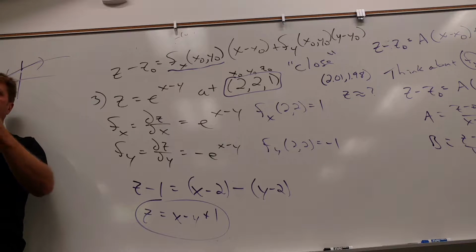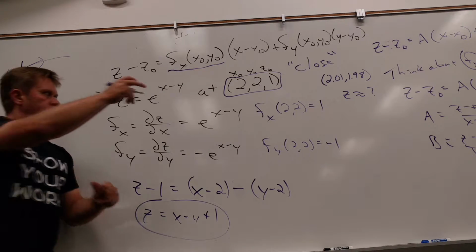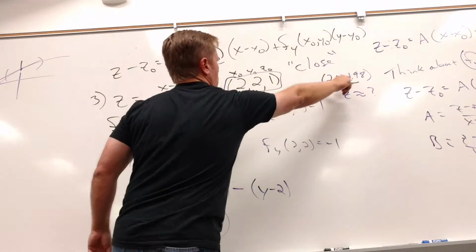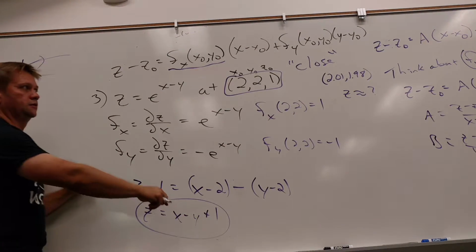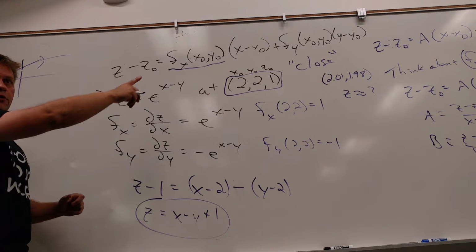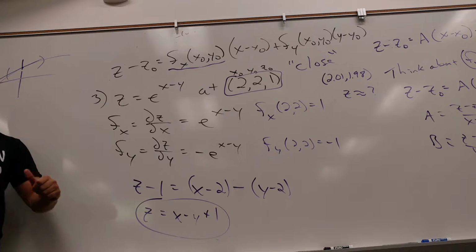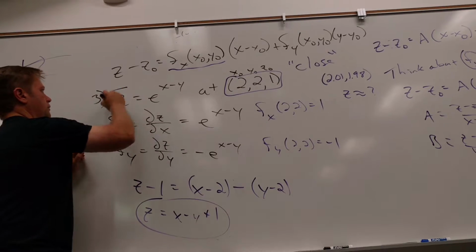That's a quick check. You should do it. So now let's do this. What do you get when you plug in 2.01 and 1.98 here? What's 2.01 minus 1.98? 0.03 plus 1? 1.03. Crazy. Now somebody help me out.